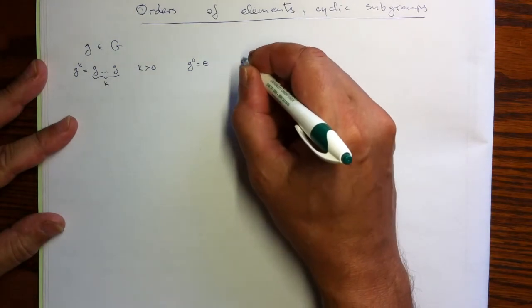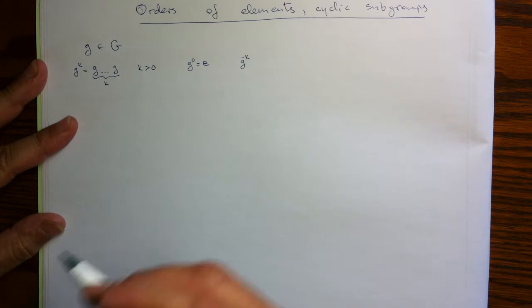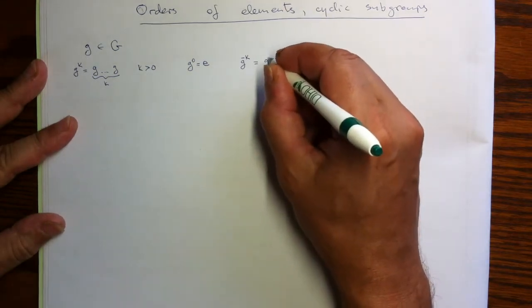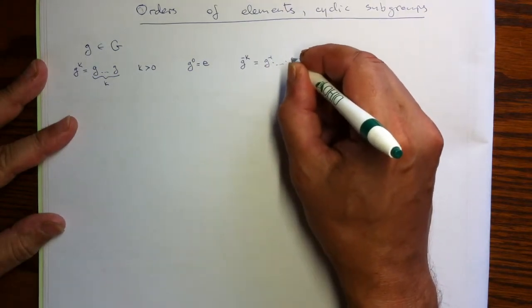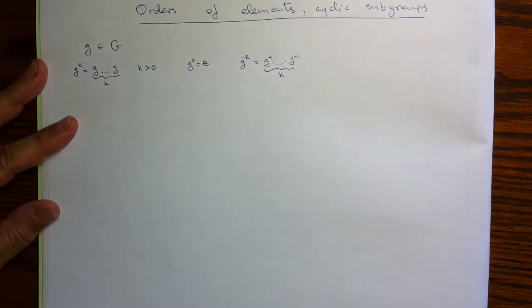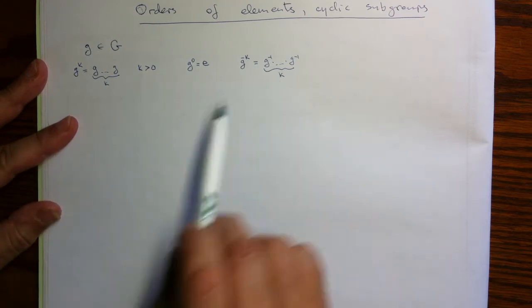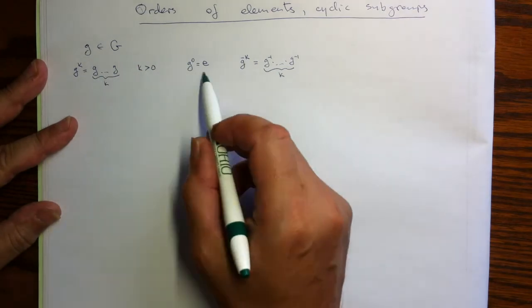And if k is negative, so -k is still a positive natural number, then we just take the inverse and take the product of k copies of the inverse. That is just for the future, but I really need this too.